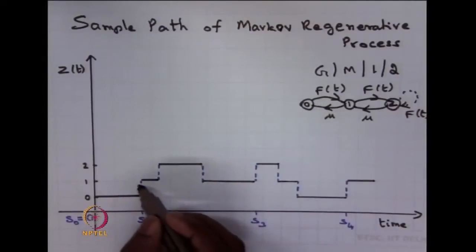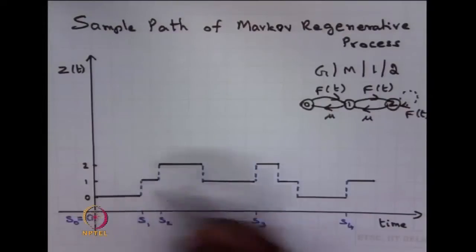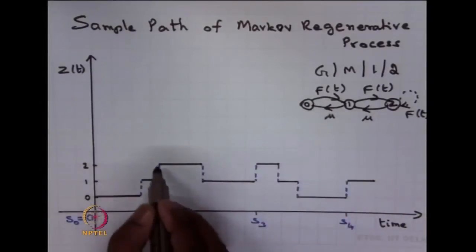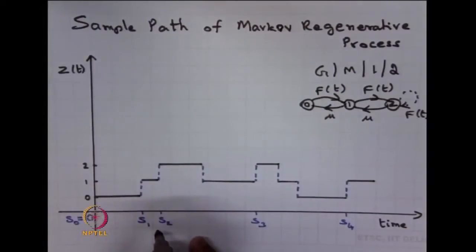Suppose you assume that the second arrival occurs first, before the service completion of the first customer. Therefore, the system moves to state 2 at time point S2.